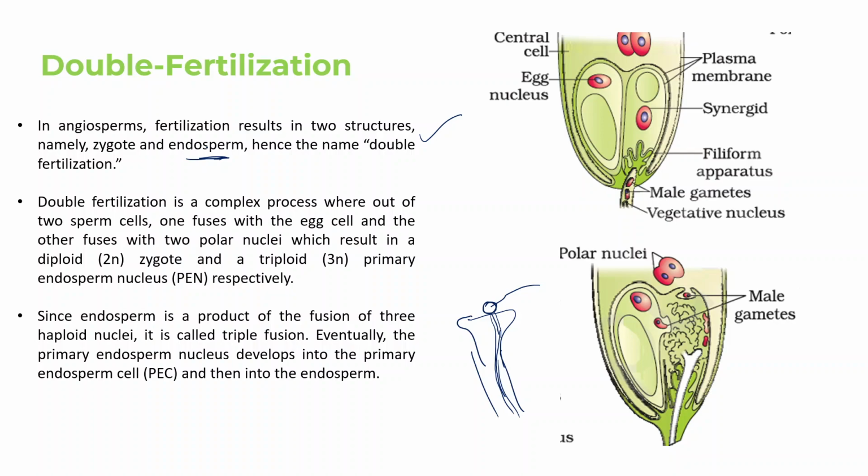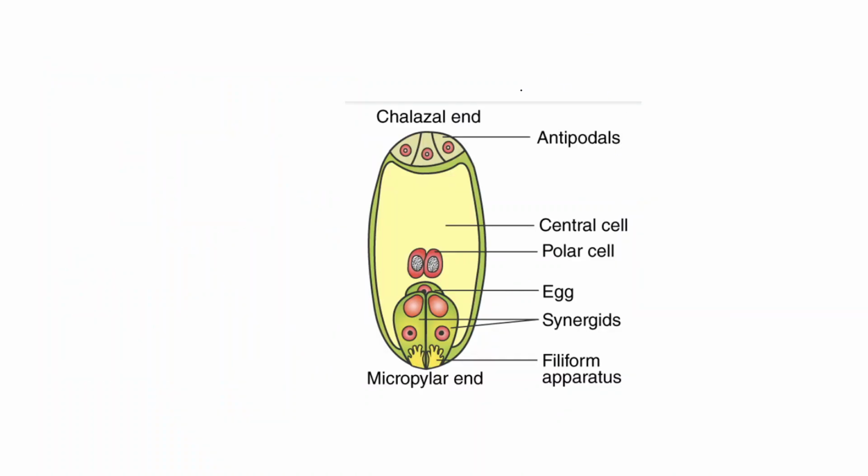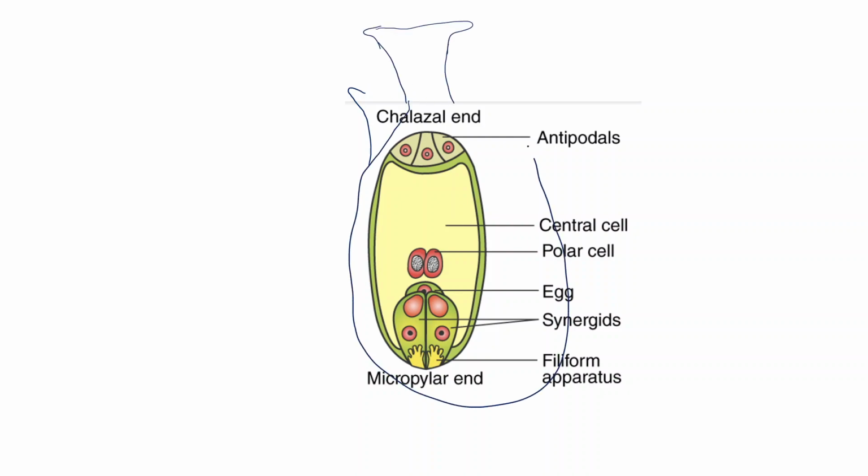You need to understand this with this figure. For example, this is my style, and this is the whole ovary structure. The pollen lands here, pollen pistil interaction occurs, and it is compatible. So it will grow a pollen tube, and it goes towards the end of the structure called the ovule.